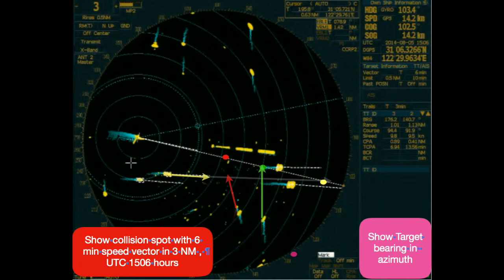And for this vessel northbound going 000, she only needs 6 minutes to arrive. So when we arrive at this green spot, this vessel has already passed 6 minutes before. So this speed vector is safe with a green spot.